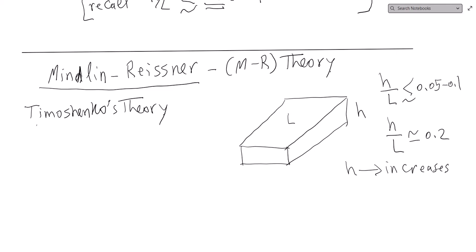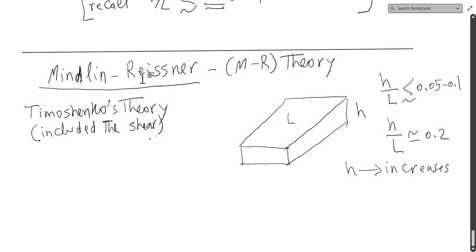In that, we included the shear deformation. So deflection due to shear deformation is counted in that theory. Basically, Mindlin-Reissner is equivalent to the Timoshenko treatment of the beam, but with regard to plates.